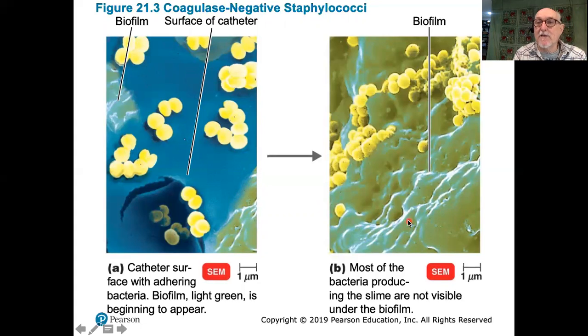This is a mixture of slime and capsular material binding tightly to the catheter wall itself, and embedded in it and on it are many, many bacteria, not only of the one kind. This is probably a consortium of various bacteria, but in this case, these are definitely staphylococci that are shown most prominently here.